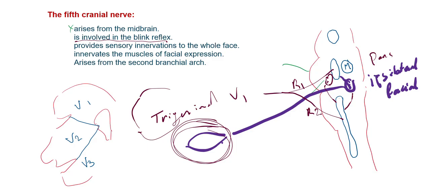So sensation from the whole face is supplied by the fifth cranial nerve, the trigeminal, except the angle of the mandible. This angle is supplied by branches from C2 and C3, just like the greater auricular nerve supplying this area and the auricle.